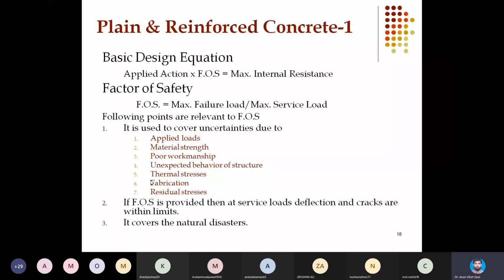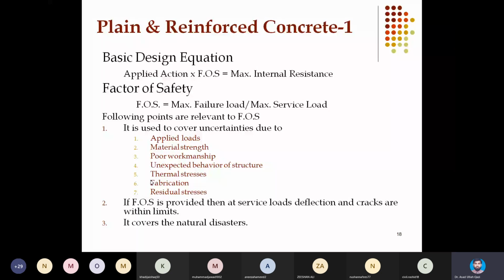So in terms of unit area, 500 and 200 are the dead and live loads. Together they will become 700 kg per meter square. So these are service loads.